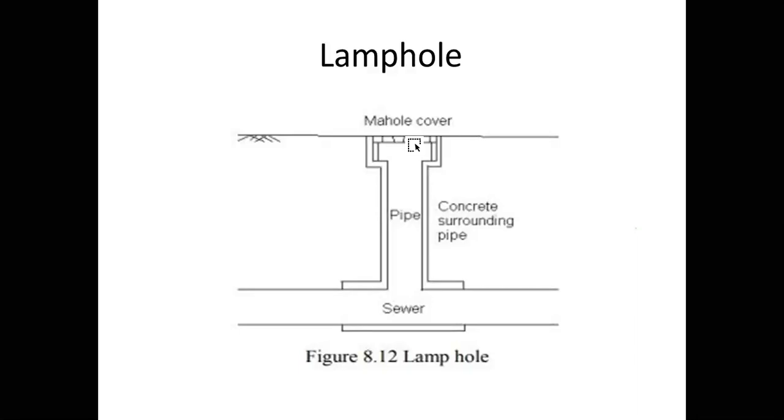I can send a lamp along with the cleaning tools into this portion, and I observe that here is the obstacle. So simply I can go and extract here, and I can remove the obstacle present in this sewer line. Okay, this is the function of the lamp hole.